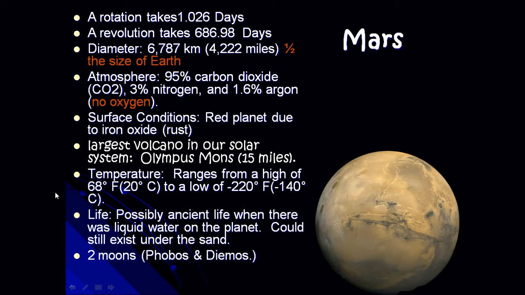Now, as far as life, Mars is one of those unique planets that's believed to have once contained water. And so there was a possibility, and even now there's a possibility, because there may be water under the sand, that Mars may be able to support life. Mars also features 2 satellites. They are known as Phobos and Deimos. Those are the 2 moons associated with Mars.